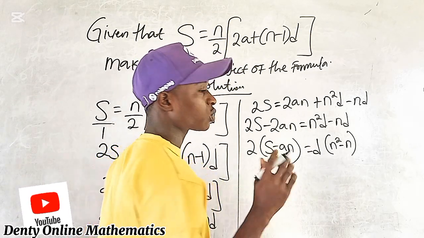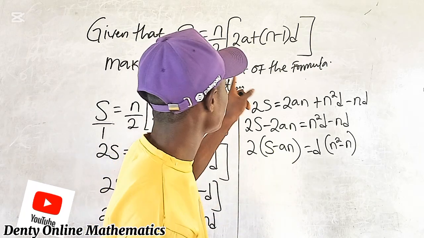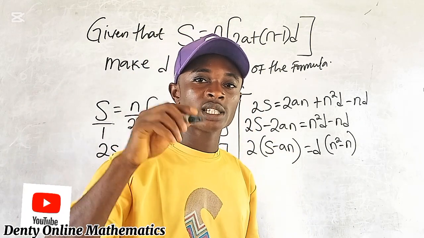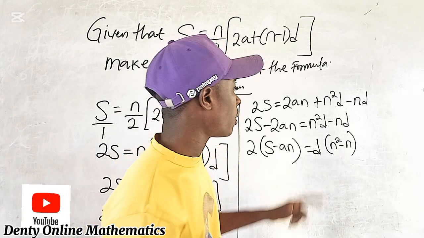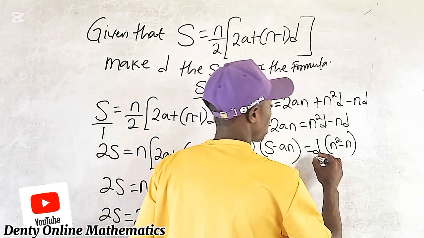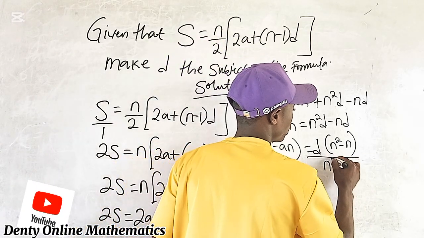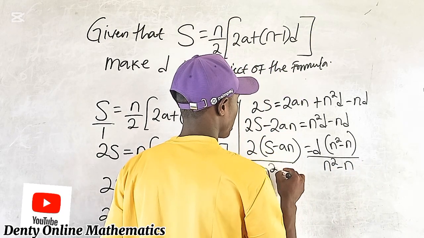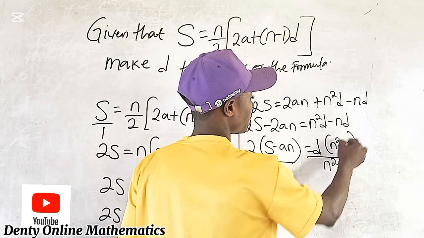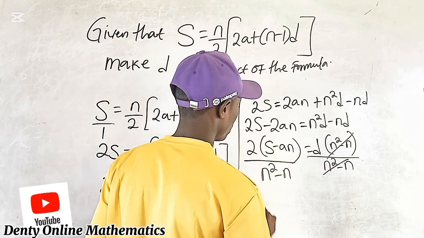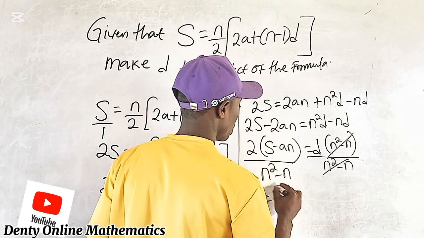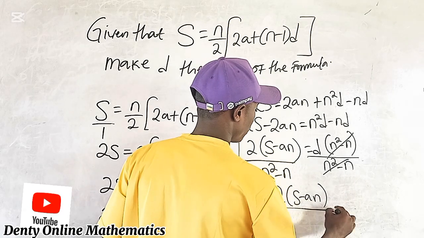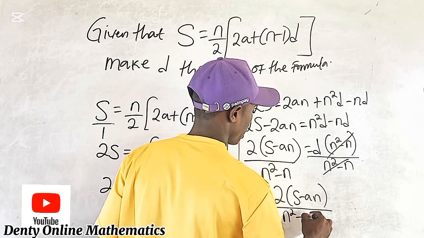So now, remember we have to make d the subject. To make something the subject means to make that thing stand on its own. So I want to make d stand on its own. So I will divide both sides by n squared minus n so that this will cancel out. So our d will be equal to 2(S − an) divided by n squared minus n.